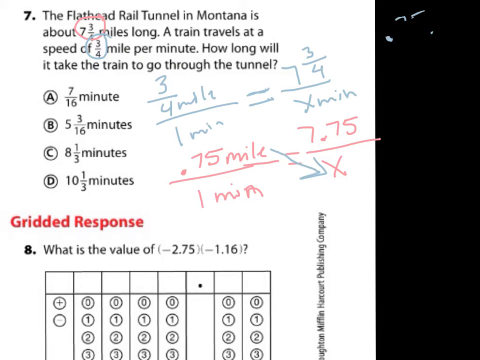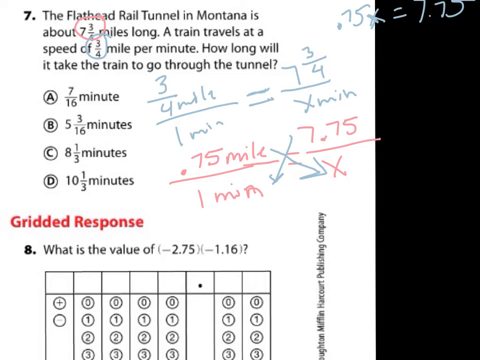I'm going to rewrite it for you. Okay, so 0.75x equals, and then 7.75 times 1, anything times 1.